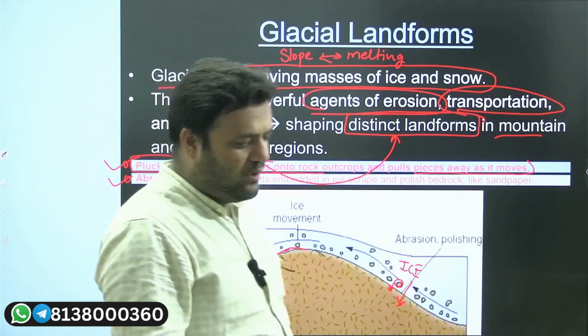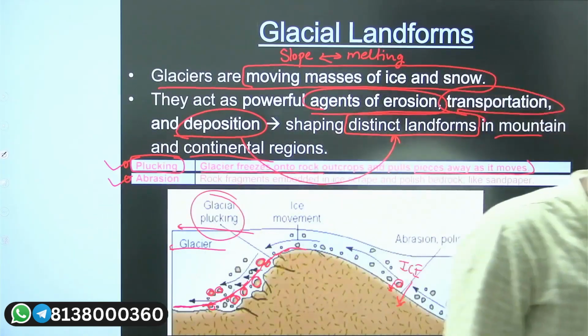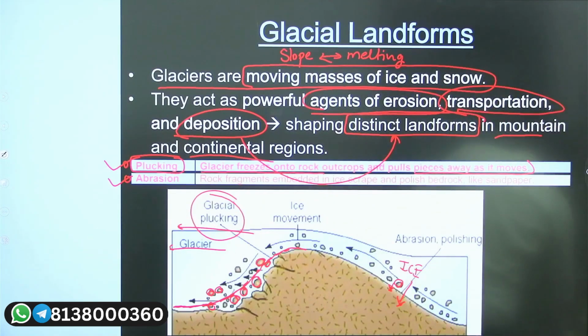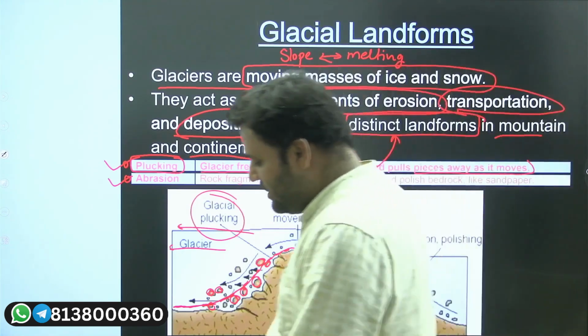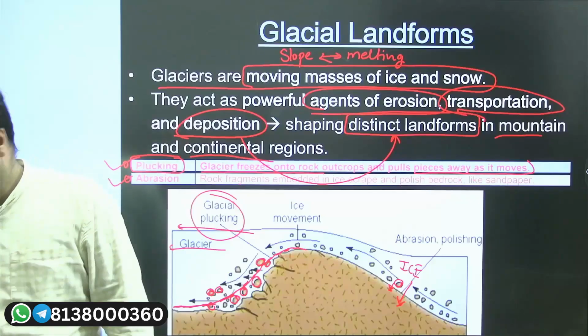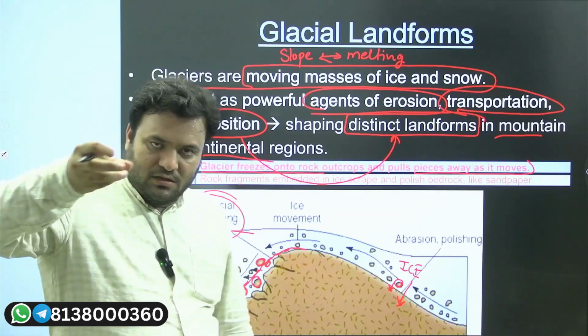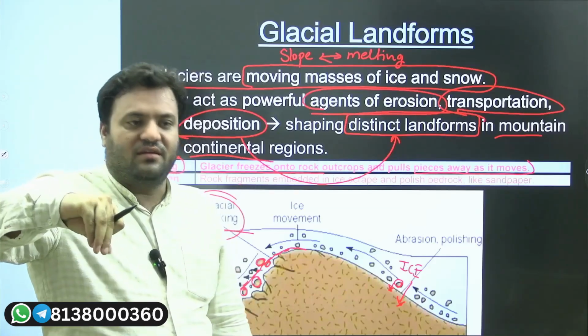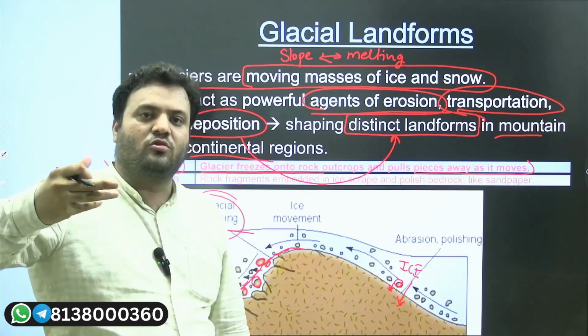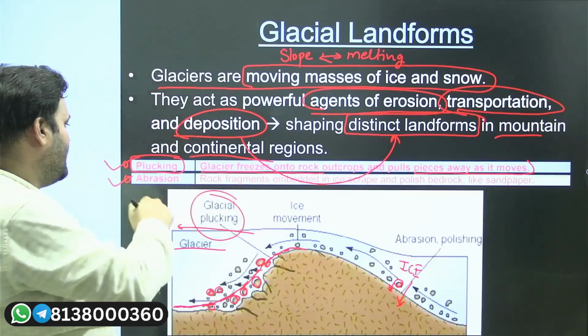I hope you have clarity regarding abrasion. So abrasion means the medium will exert some sort of removal, and the load which is there in that medium will also cause a removal. So that will be abrasion.